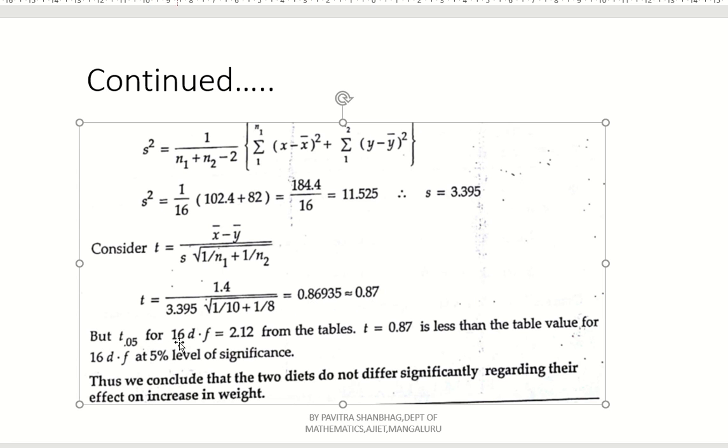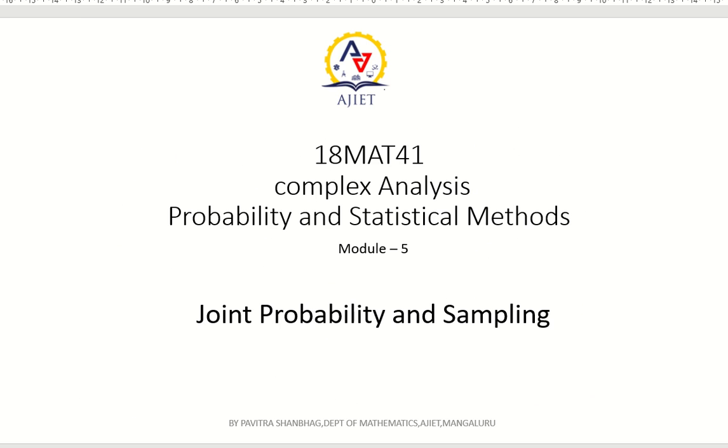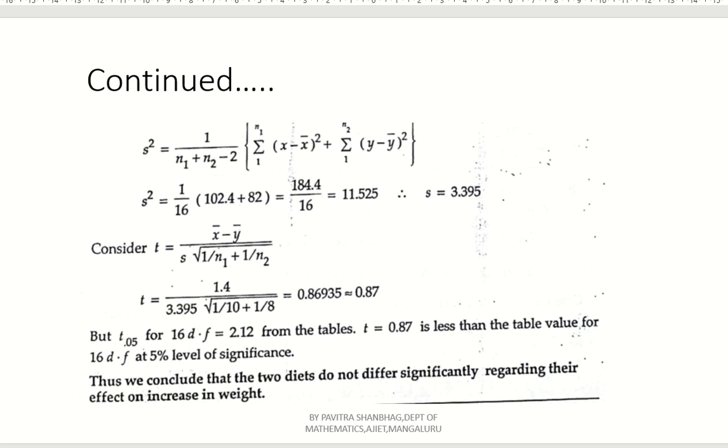For 16 degrees of freedom its value is 2.12, and here we are getting 0.87, which is less than the table value obviously. So it is accepted, right? Thus we conclude that the two diets do not differ significantly regarding their effect on increase in weight. Okay, now here student t distribution completed.